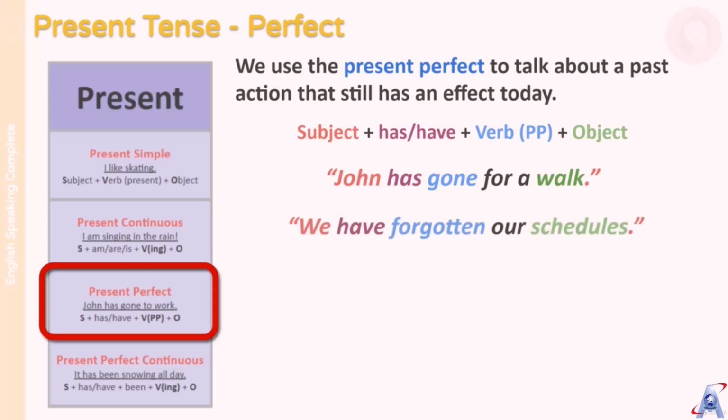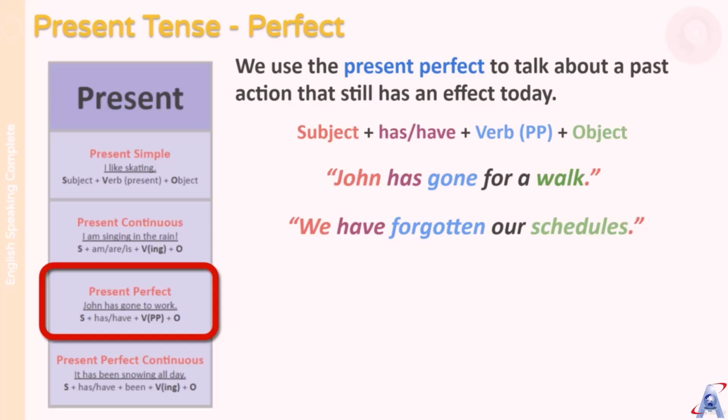We have forgotten our schedules. Of course, we have could become we've as a contraction, a little bit advanced. We have forgotten our schedules. So we is not third person singular. We have forgotten. V1, forget.